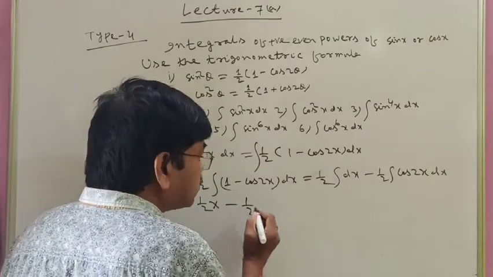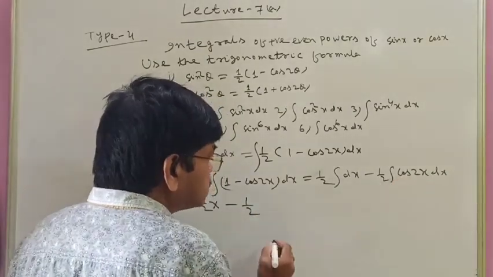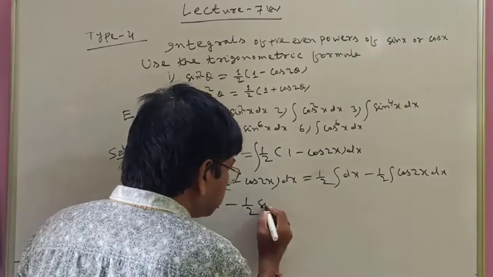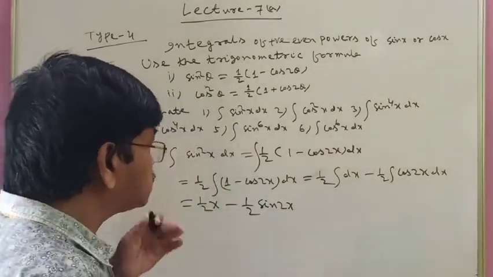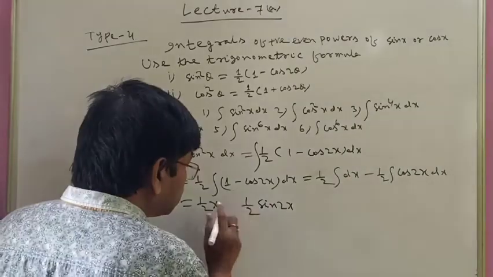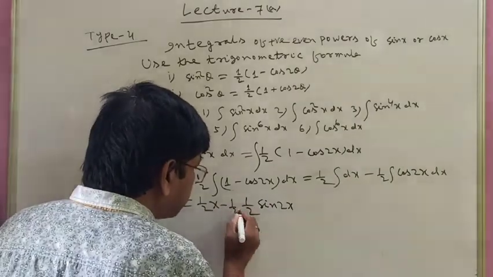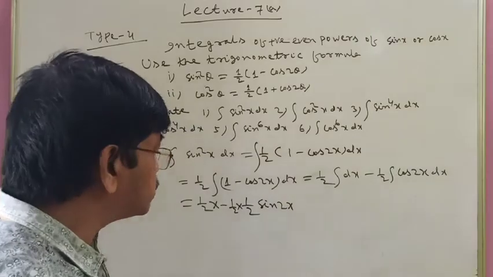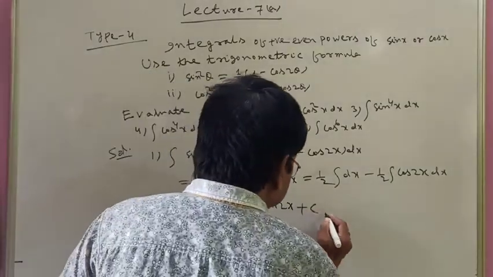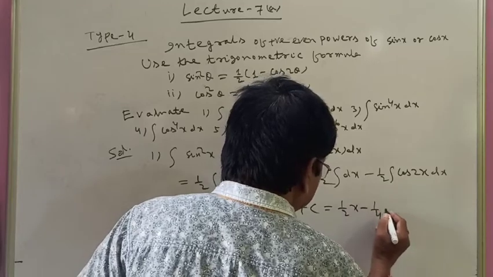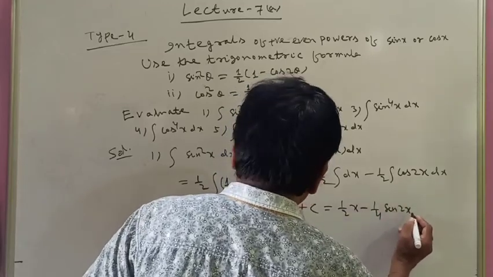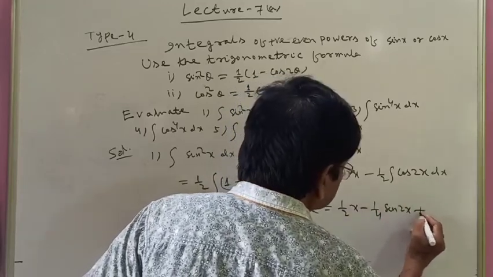So first you get 1 by 2, then cos 2x becomes sin, so integration of cos 2x is half sin 2x. But before that half is there, so it is half into half sin 2x, plus a constant c. So now this becomes half x minus 1 by 4 sin 2x, plus a constant c.